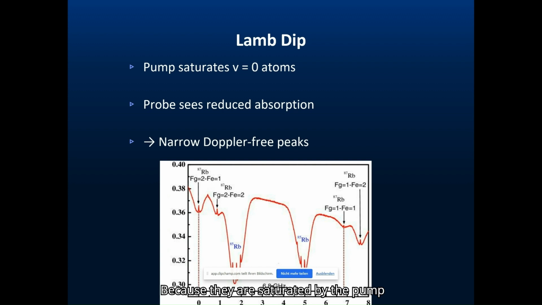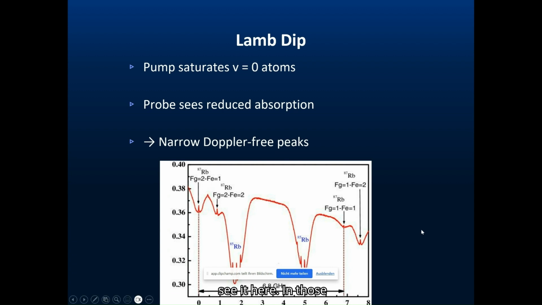Because they are saturated by the pump beam, they absorb less of the probe light. This produces a narrow increase in the probe transmission exactly at the resonance frequency. In the transmission signal, this appears as narrow Doppler-free features called Lamb dips on top of the broad Doppler background.